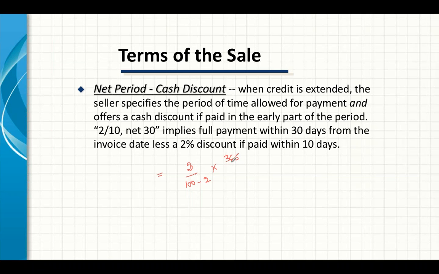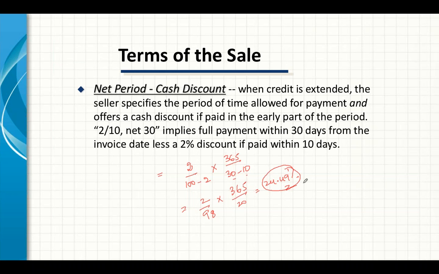You may take 365 or 360 depending upon the question, divided by net period minus discount period, because for getting this 20 days in advance we are getting 2% discount. So 2 divided by 98 times 365 over 20 will give you around 24.49% approx. So the annualized amount is 24.49.